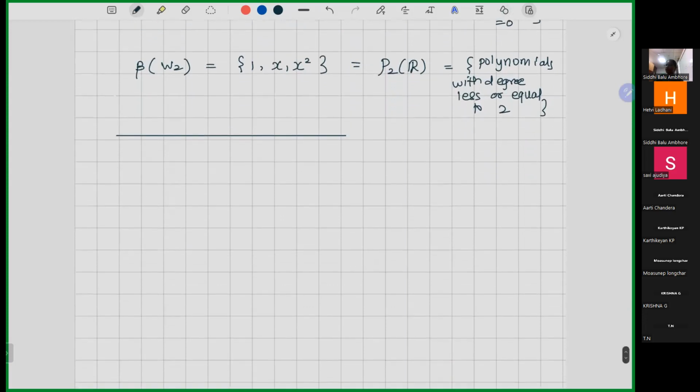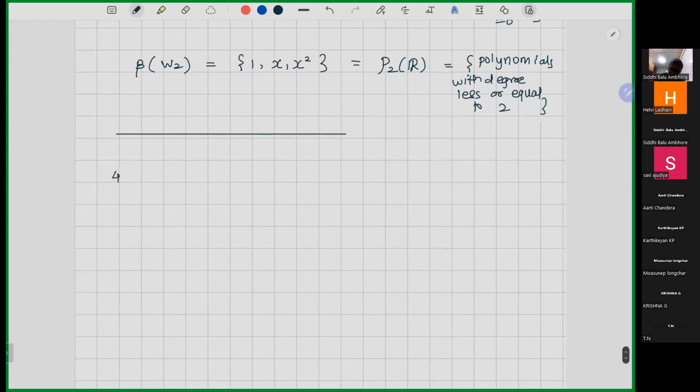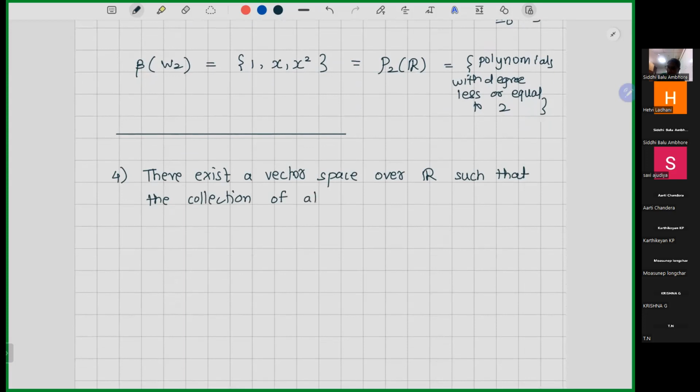Next, this is okay. There exists a vector space over R such that the collection of all bases of V is finite.